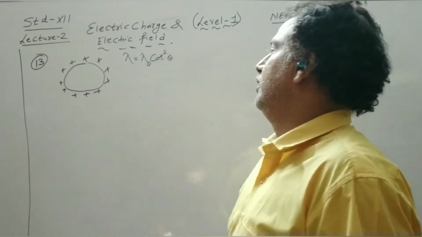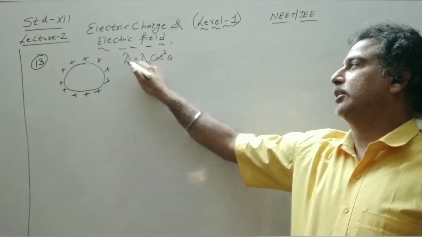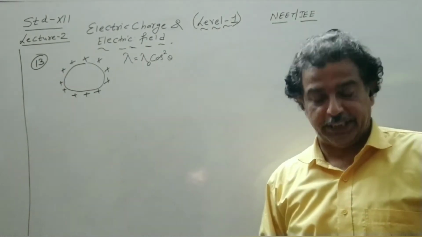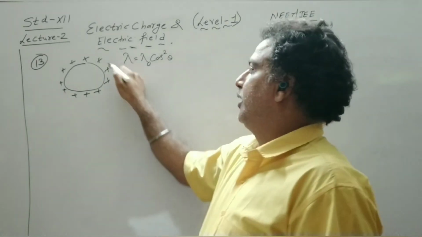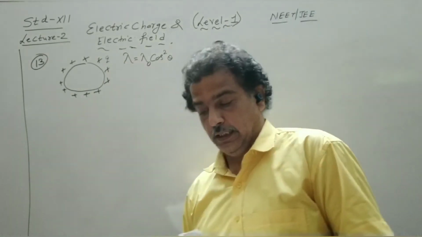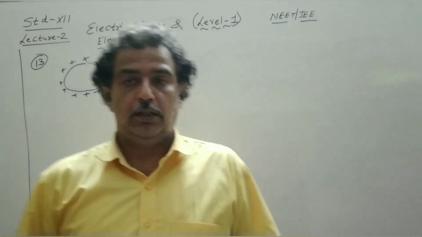Clearly it is a variable. The lambda is not constant, it is a function of theta. Let the amount of charge deposited be Q. We have to find the total charge on the circle.